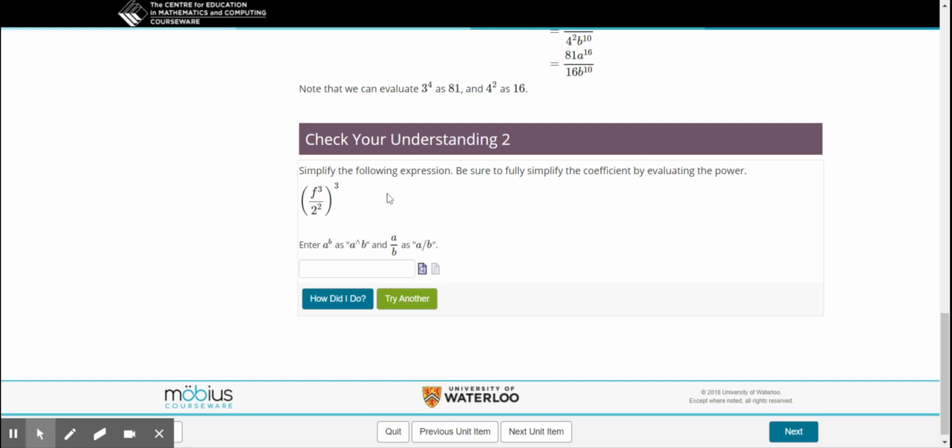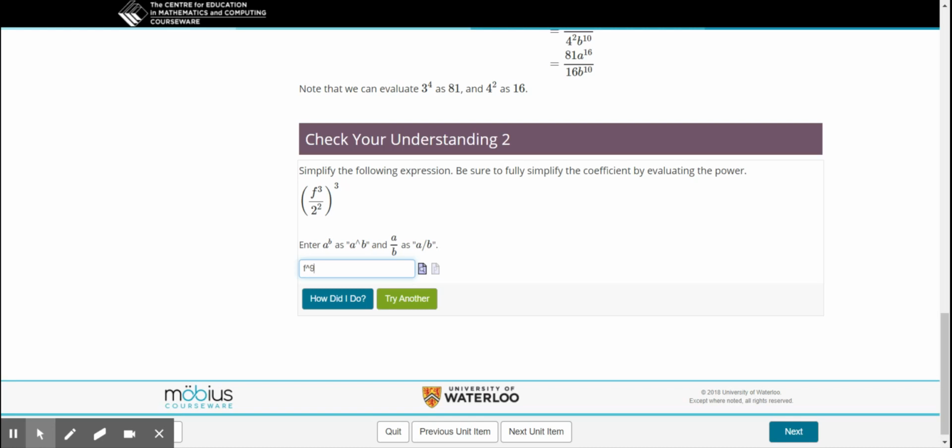Let's see what happens when we apply our power rule. We have to distribute the exponent 3 both to the f^3 and to the 2^2. So the exponent of f would be 3 multiplied by 3, that would be 9. So I'm going to write it here, f to the exponent 9.